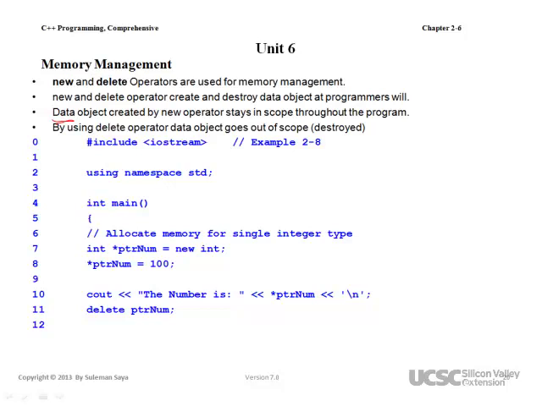Since the cout object is in the namespace called std, that's why we have to use line number 2, using namespace std. So now we can use the cout object without using the scope resolution operator, as we have seen in the first chapter.